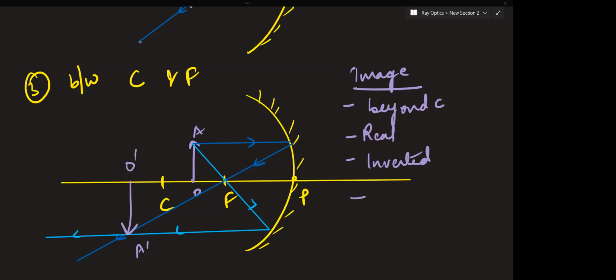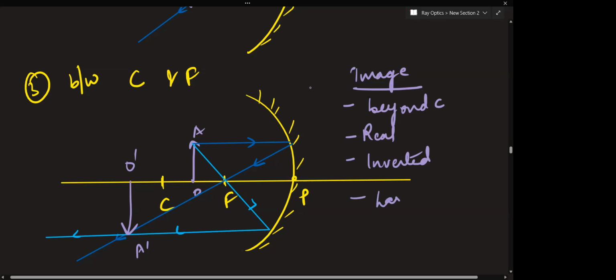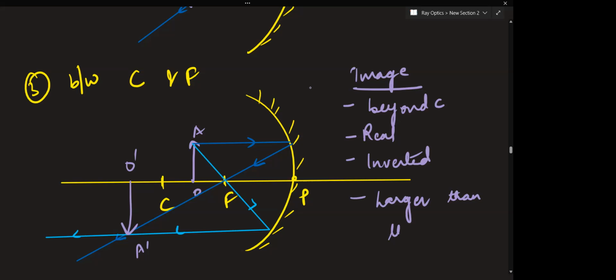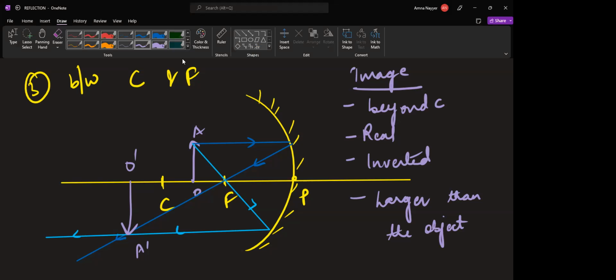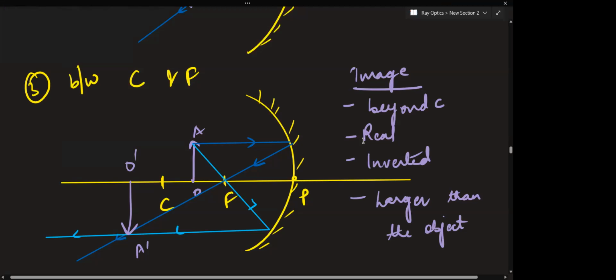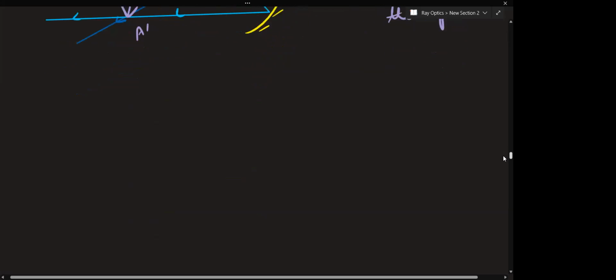This is larger than the object. So in this case, you get an image larger than the object. If you draw it properly with the help of a scale, this will become clearer than what I've drawn, because I have drawn it on the screen. So for you people, it will become clearer if you draw.